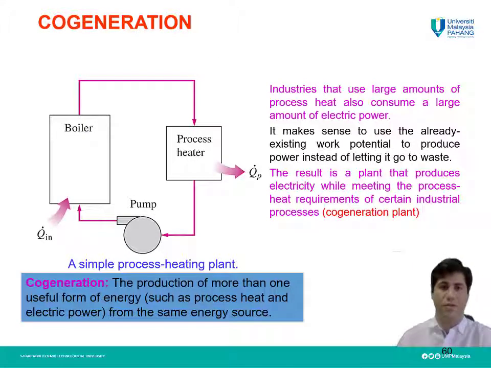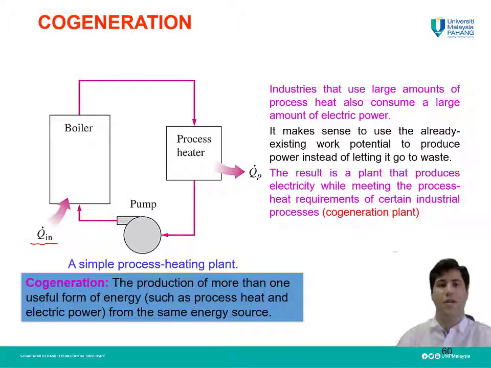Here is just a simple example of what I told you. Q dot in goes to the boiler. This is the input for that process. As I told you, for example for drying, we need to have a cycle like this. We need a boiler, then introduce the Q dot in to the boiler.